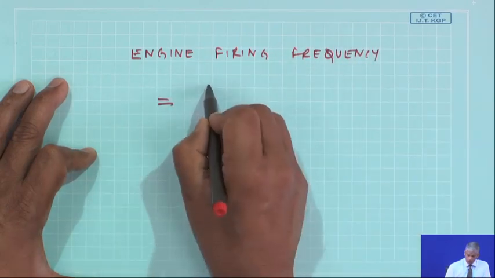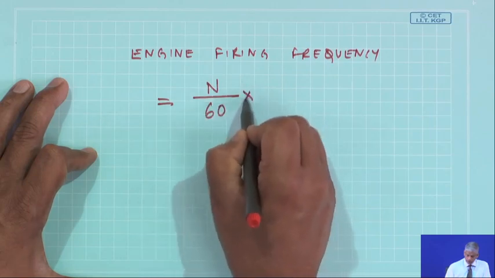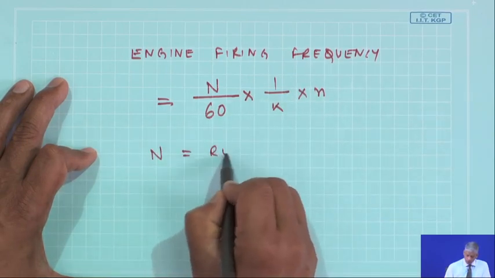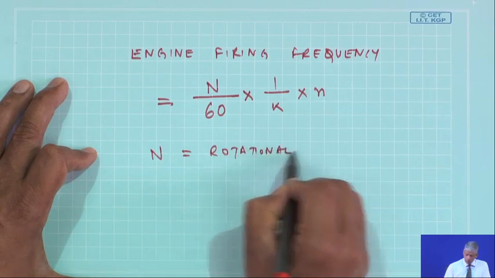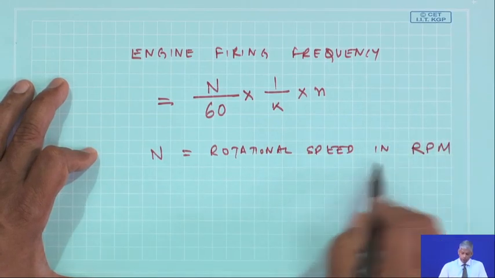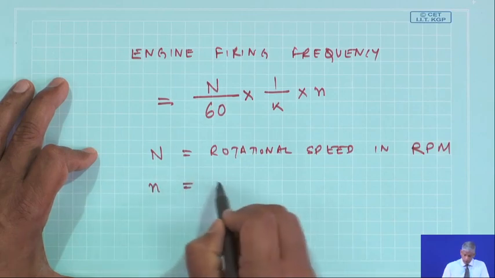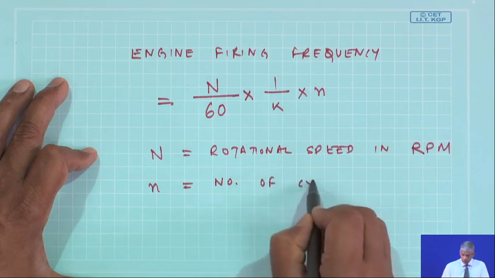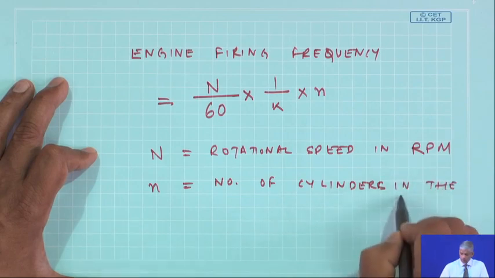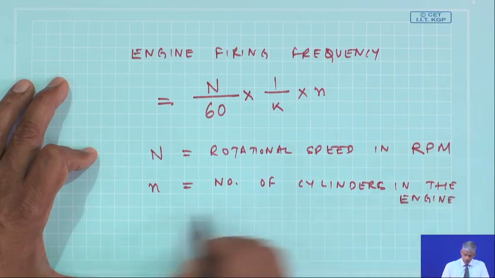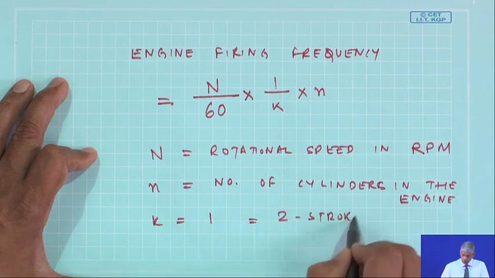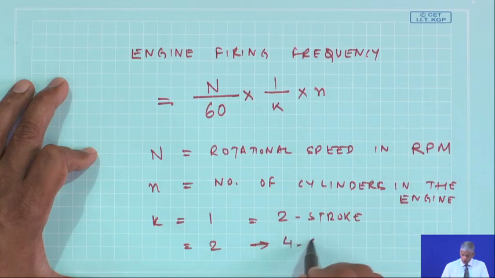which is nothing but, where N is rotational speed in RPM, RPM is revolutions per minute, and small n is the number of cylinders in the engine, and k is equal to 1 for a 2-stroke engine, and equal to 2 for a 4-stroke engine.